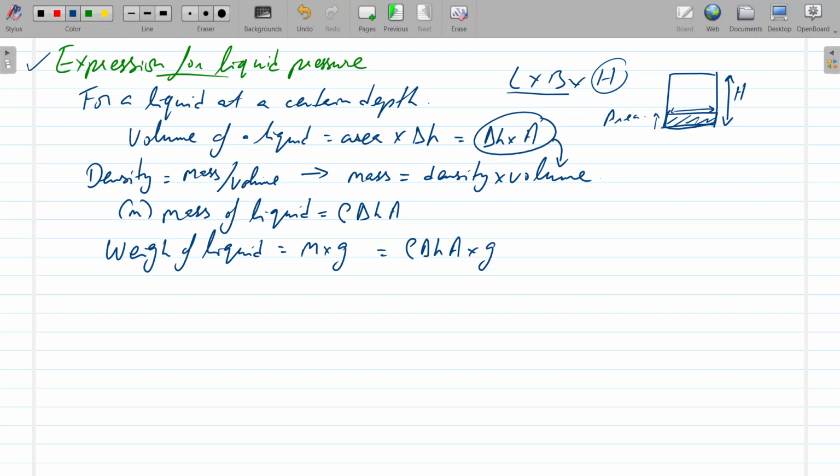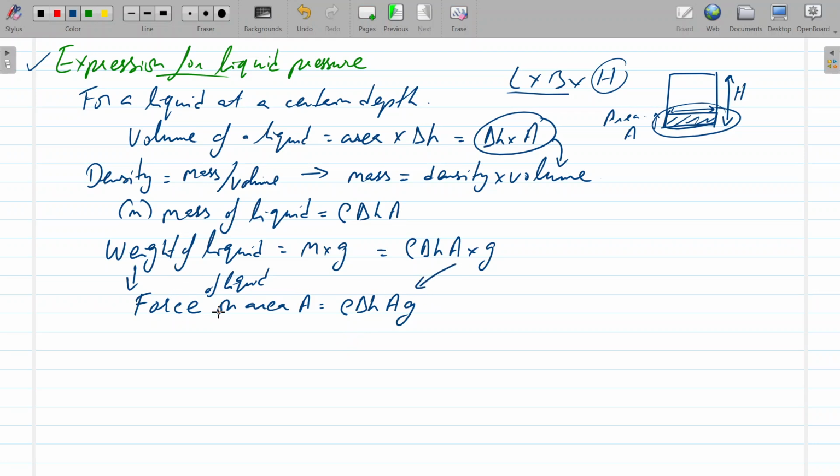Following? That means weight is a force. So we can rewrite this as force of the liquid on area A equals rho delta H A g. Okay, so it's the same thing.